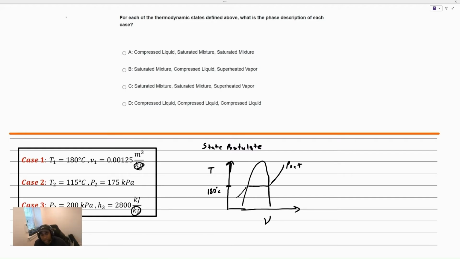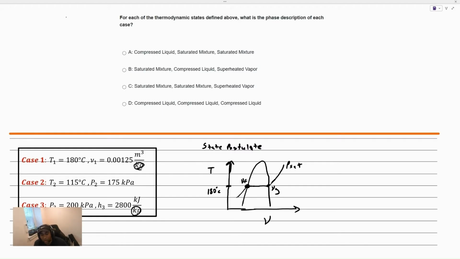Okay, so now that we have the general form of our property diagram, since we're given specific volume, we're going to compare our given specific volume to the specific volumes at these extremities here, where at the left side of the dome we have VF, which is the specific volume of a saturated liquid, and on the right side of the dome we have VG, which is the specific volume of a saturated vapor.